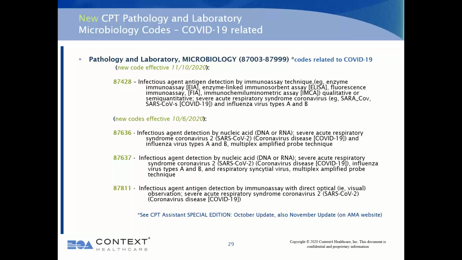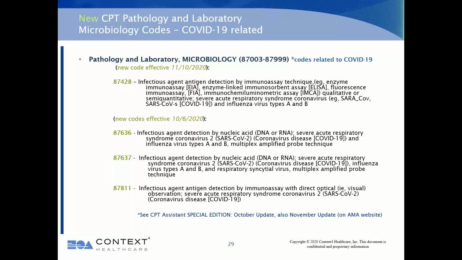The three new SARS-2 related infectious agent detection codes, 87636 and 87637 and 87811, were all effective on October 6th. The COVID CPT code 87635, not listed here, was added last April for use in detecting SARS-2 as the sole pathogen by amplified probe technique.